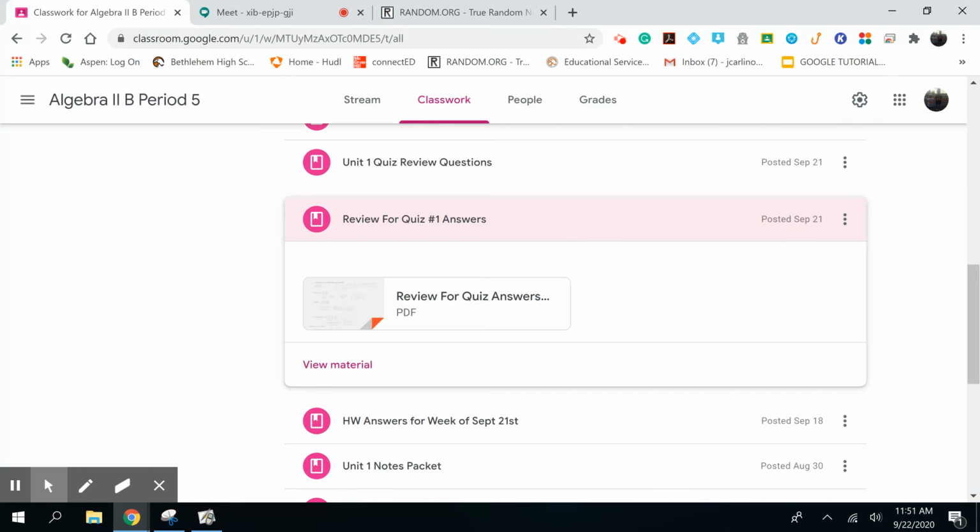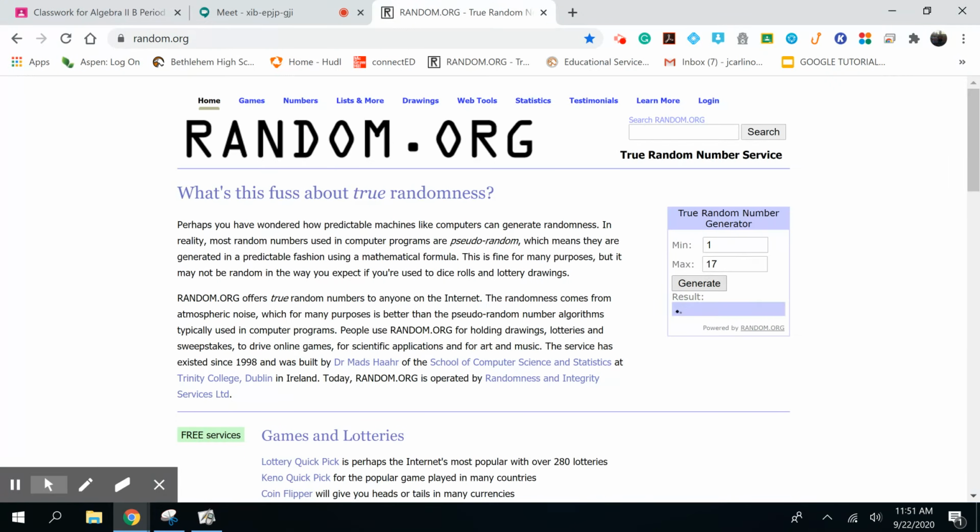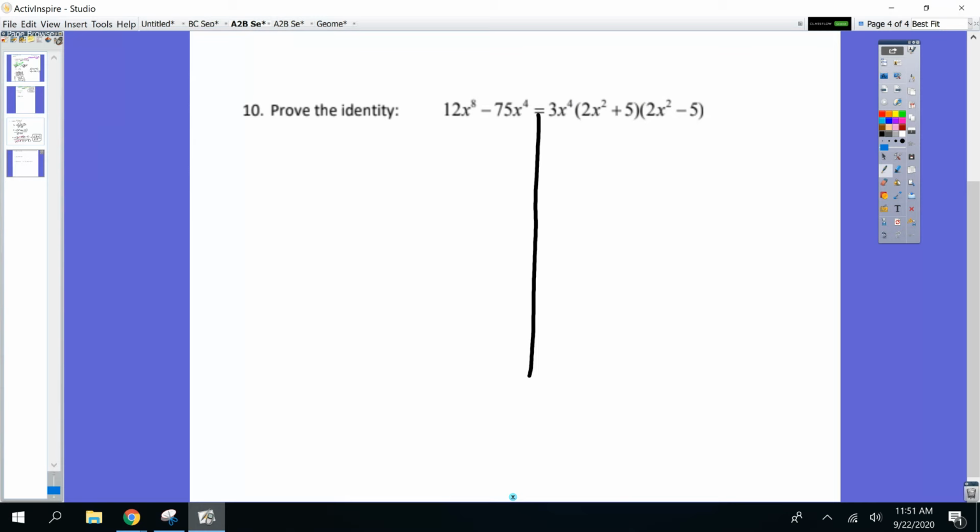We got to do something there. Bassett, what do you want to do first there, boss? Remove x to the 4th. Okay, I agree. I would like you to remove something else as well. 12 and 75.